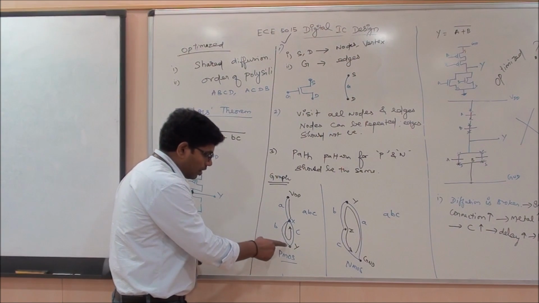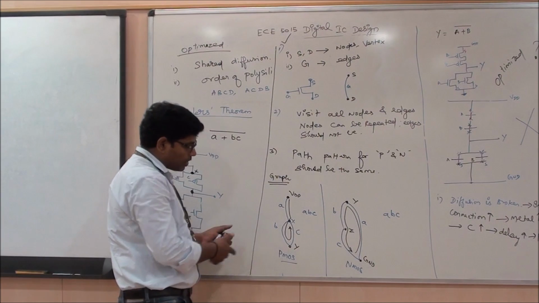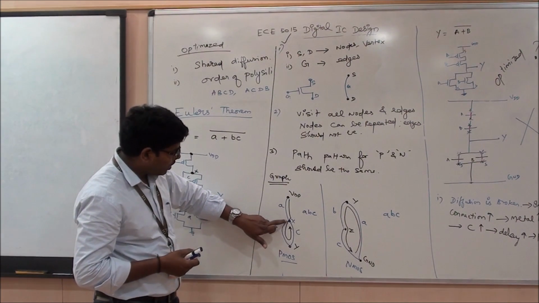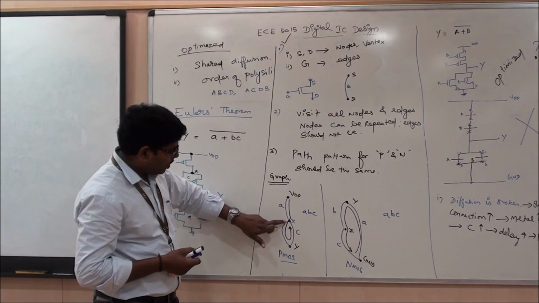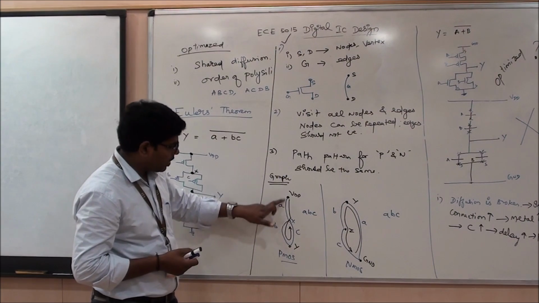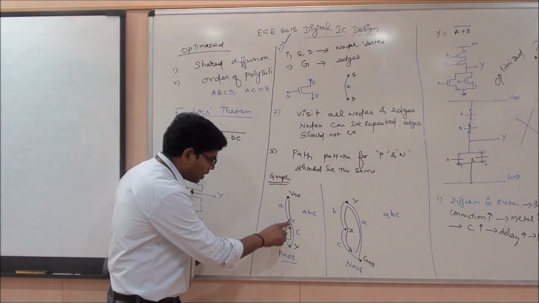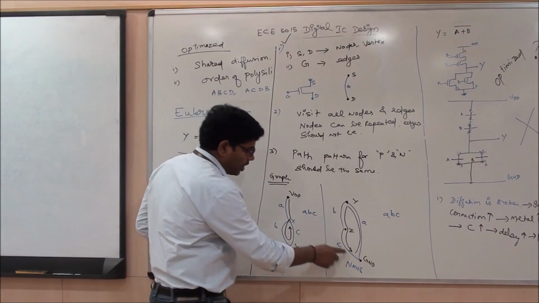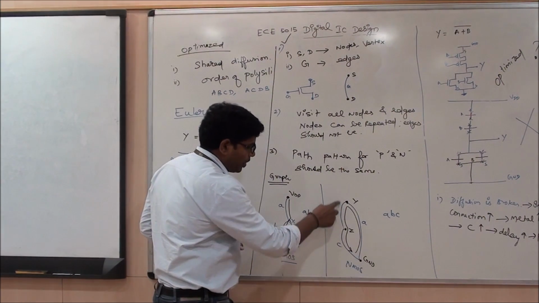Let me consider it like this. Can I have a path something like this, starting from Y, C, B, A?